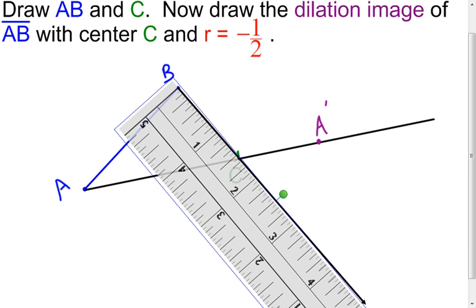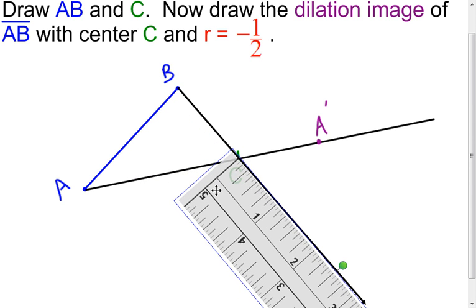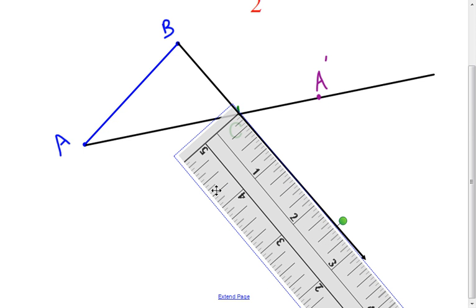Probably 1 9/16. So when we come down here, I have to cut in half because my scale factor is 1/2. That's going to be approximately 3/4, just a little bit more than 3/4, which is going to bring me out to approximately right there. And then call that B prime.